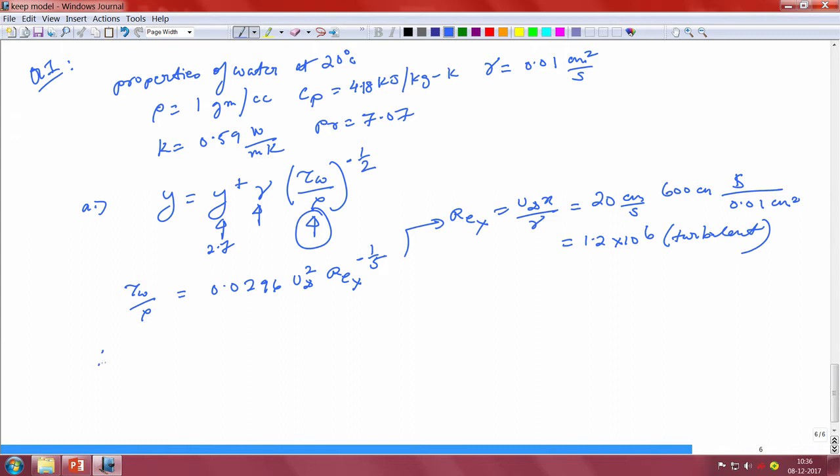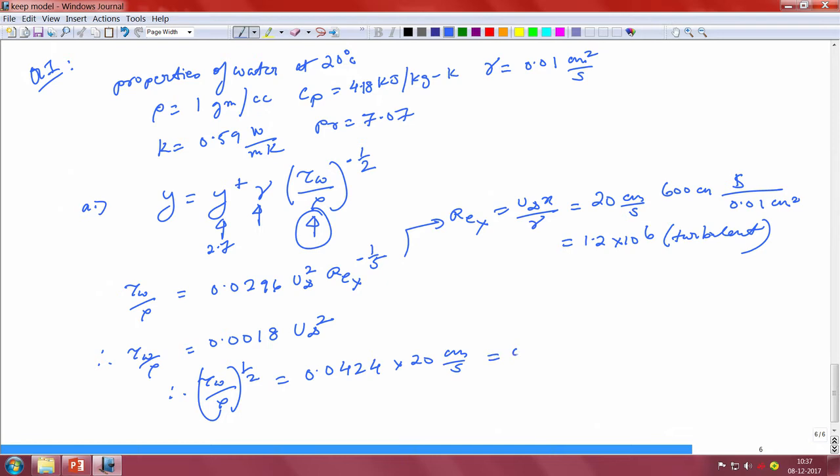So, your tau wall by rho is given as 0.0018, if you convert all the terms, into u infinity square. Therefore, tau wall by rho raised to the power of half is about 0.4024 into 20 centimeter per second, which is 0.849 centimeter per second.